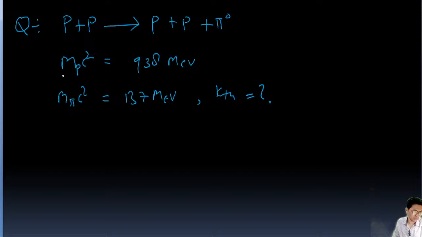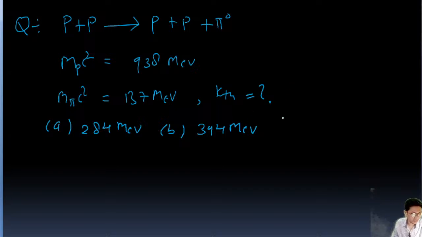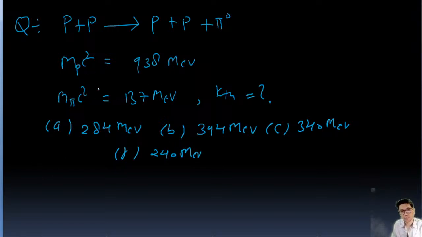Options are given: option A is 284 MeV, option B is 394 MeV, option C is 340 MeV, and option D is 240 MeV. So this is the question, and we have to find KTH.